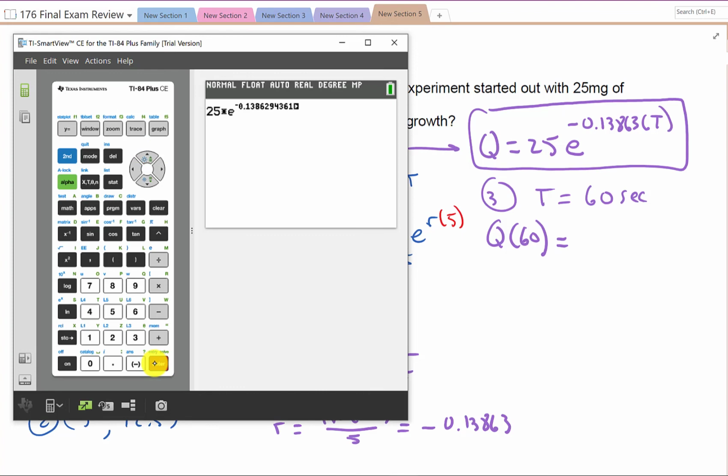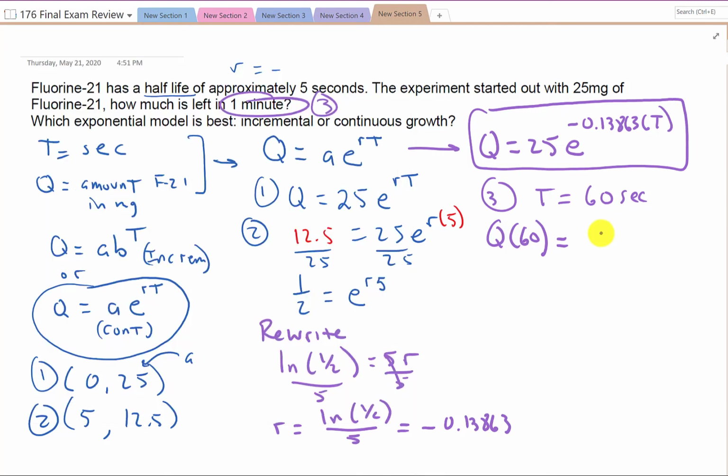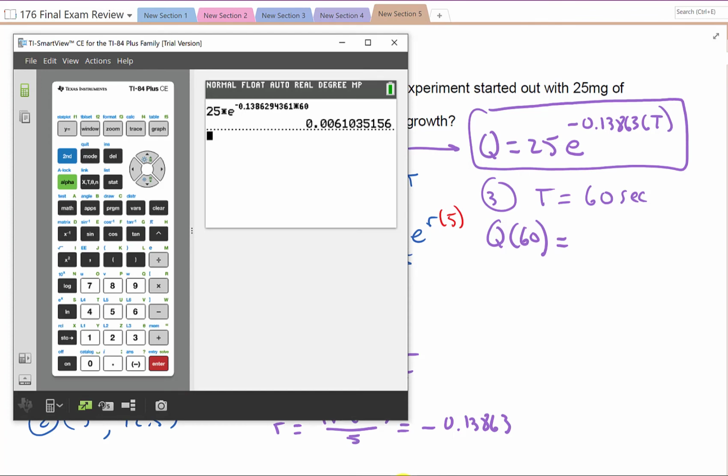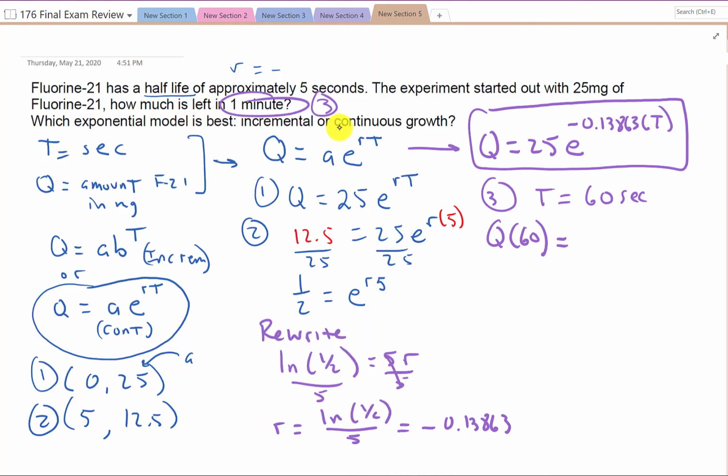I'm going to put that in, and I'm timesing that number by 60 seconds for 1 minute. And that will give me about 0.006 milligrams.